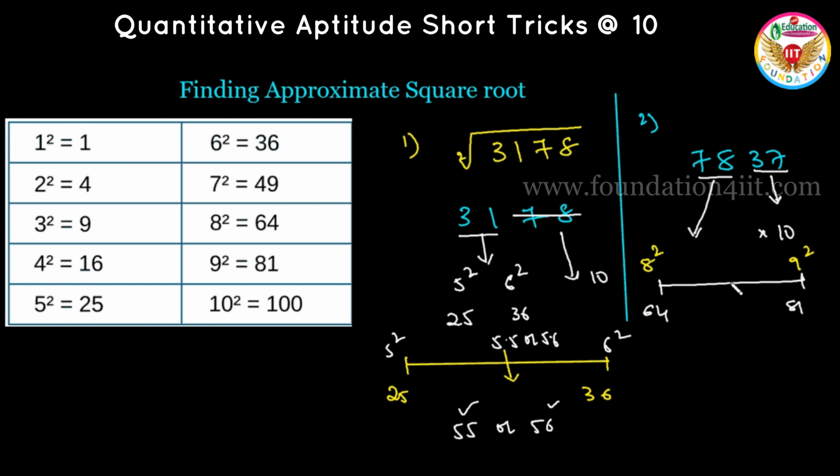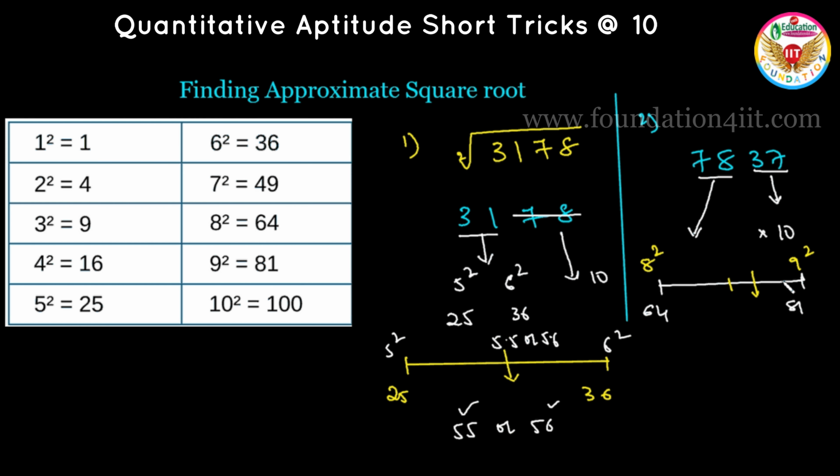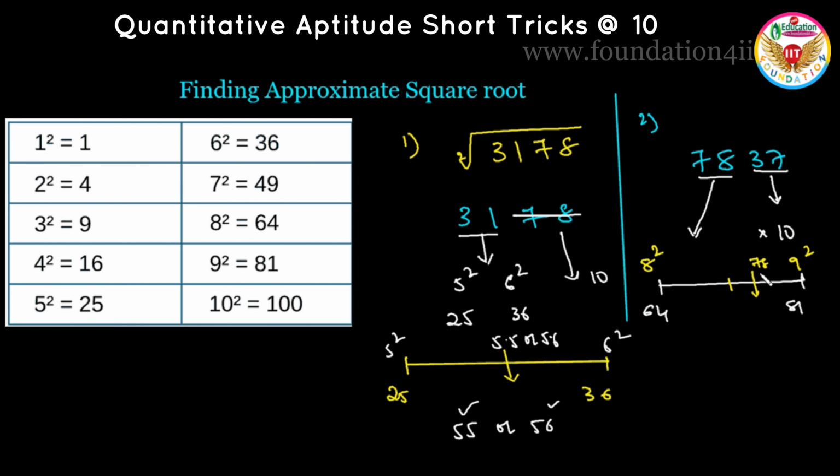Now check where 78 will come in this line, 64 to 81. Somewhat to the right side, because 78 is close to 81, not the exact center. The center is around 70 or 71, and 78 is a little bit to the right. So it is very close to 9 and far from 8.